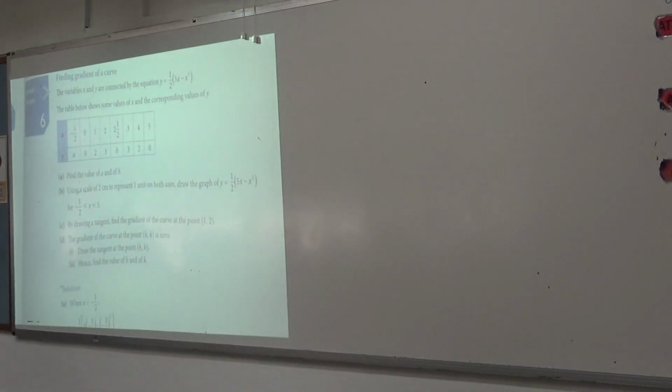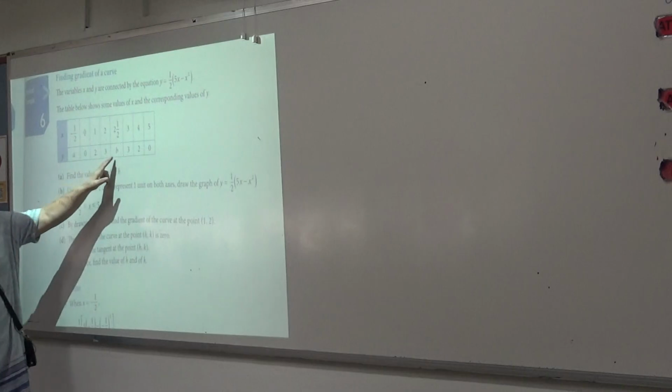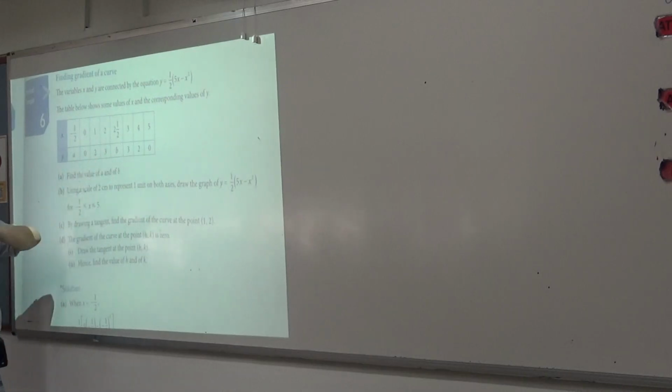The variables x and y are connected by the equation blah blah. The table below shows some values of x and the corresponding values of y. Now find the value of a and the value of b. That means you're supposed to find what a is and what b is. So this one no problem, right? Just plug in the formula, use a calculator and do it. Okay, if it's not exact, give it to 3 significant figures. Understand?